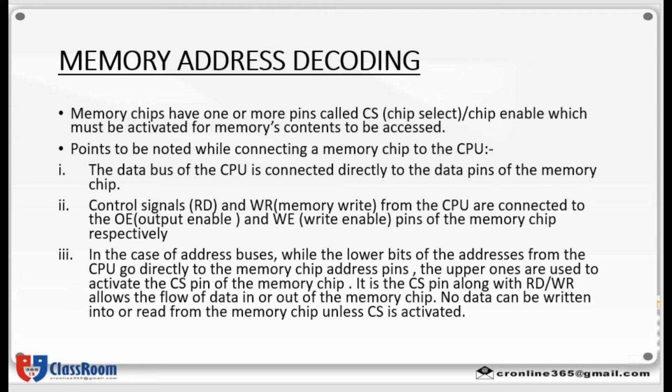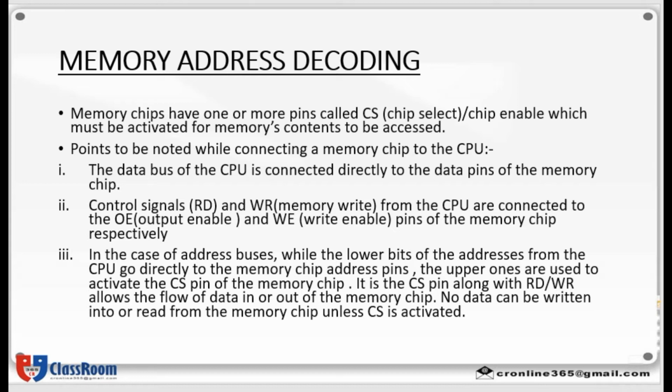In connecting a memory chip to the CPU, we must note these following points. As you all know, there are data bus. So, data bus of the CPU is connected directly to data pins of the memory chip. So, data bus has to be connected to data pins.